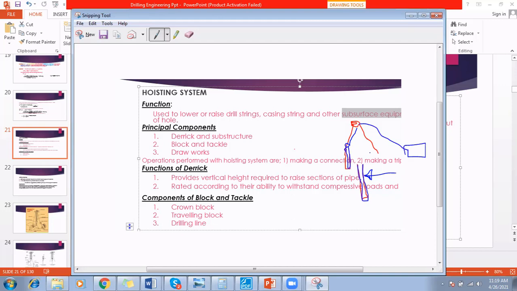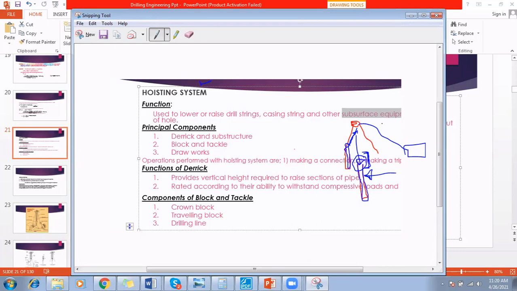So you will raise this drill pipe upward, and after raising it, you will lower that pipe downward at the face of the other set of drill pipes. When you raise the new pipe up to the face of the set of drill pipes, then you will make this connection.